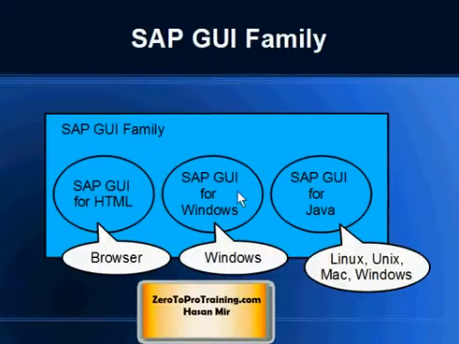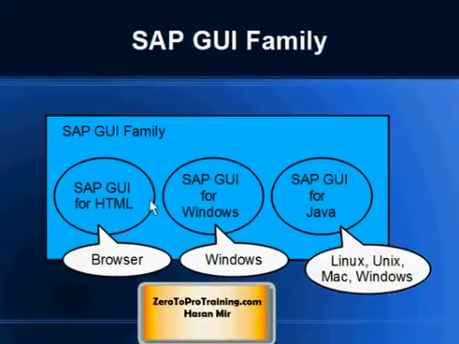Keep in mind that SAP GUI for Windows can only be installed on the Windows operating system. However, SAP GUI for Java could be installed on Linux, Unix, Mac, and Windows. And SAP GUI for HTML is basically a browser-based connection to the application. All it requires is the browser.